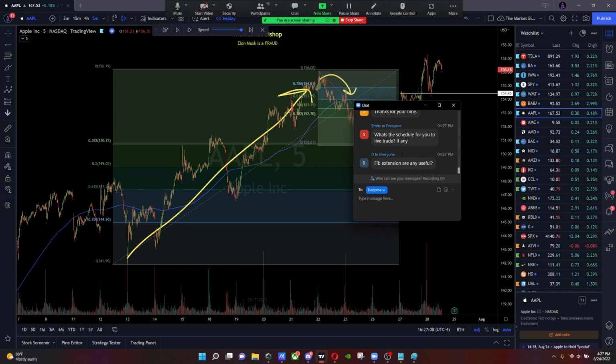What's my schedule to live trade? So it depends. I'm not going to really go deep into it, but I own a server, and on that server I have live trading Monday, Wednesday, and Friday most weeks. Sometimes I have that live trading open to the public, to all other servers.